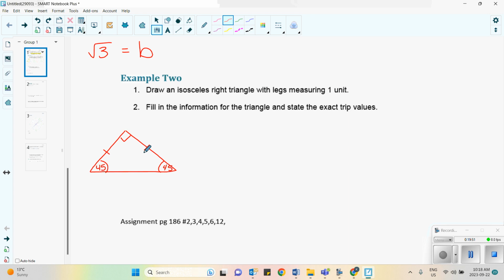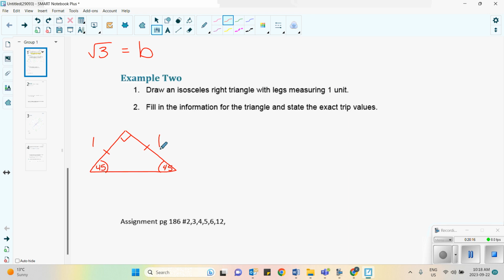Okay. All right. These were 1 and 1. We don't need to put a height in this, because it's already got a 90 degree. So what do we need to find in this triangle? The hypotenuse. Hypotenuse is always the longest side across from the right angle. This is the one we don't know.